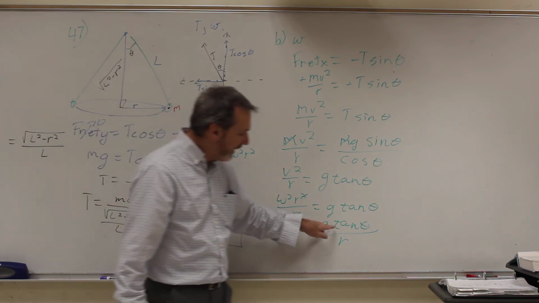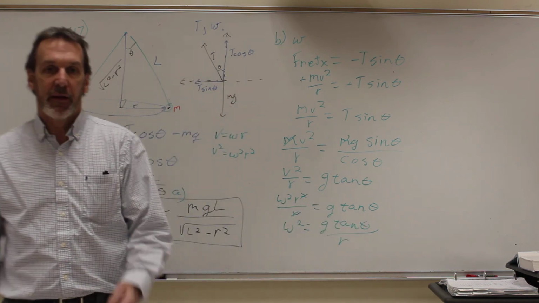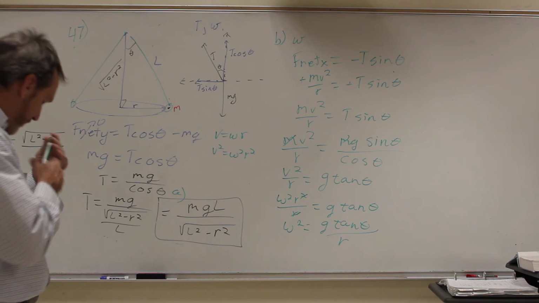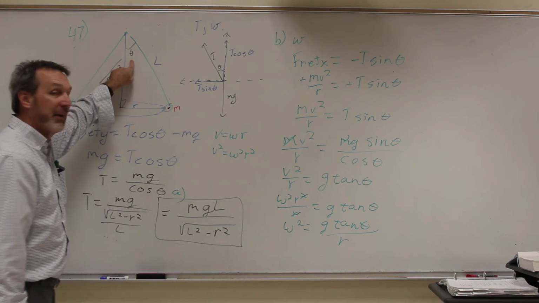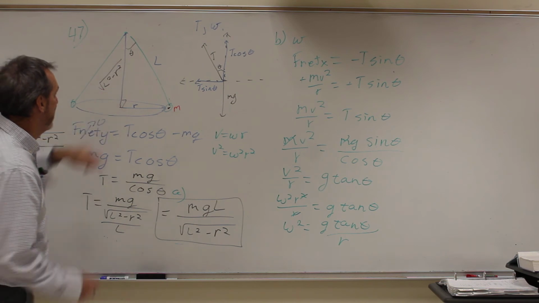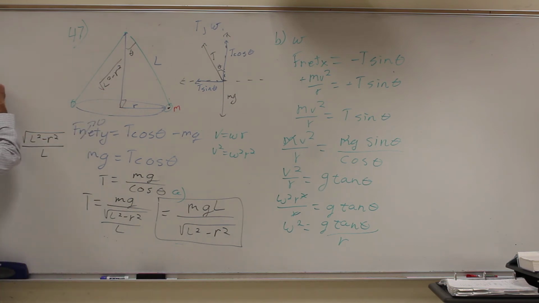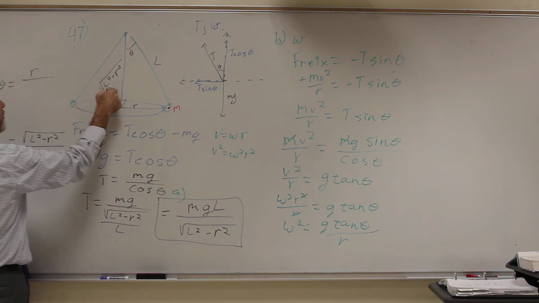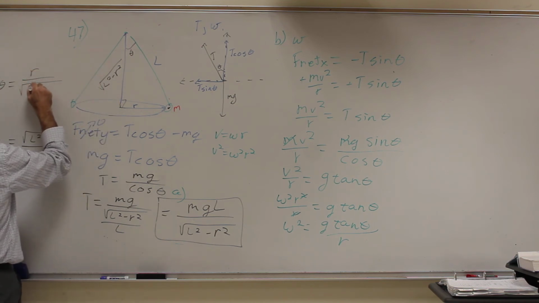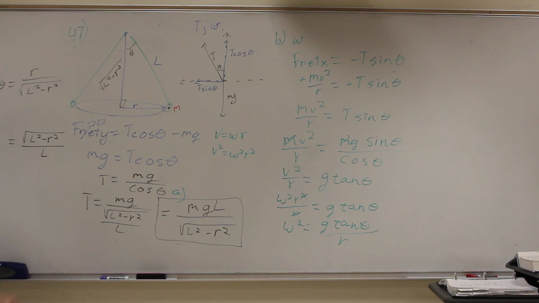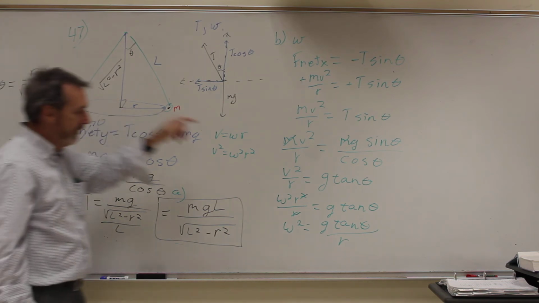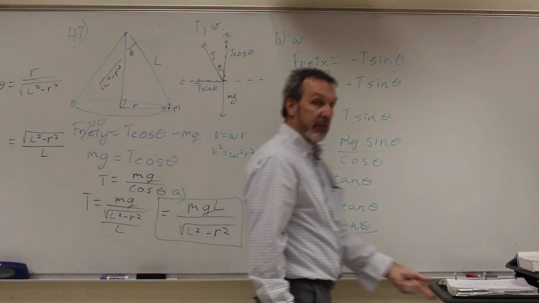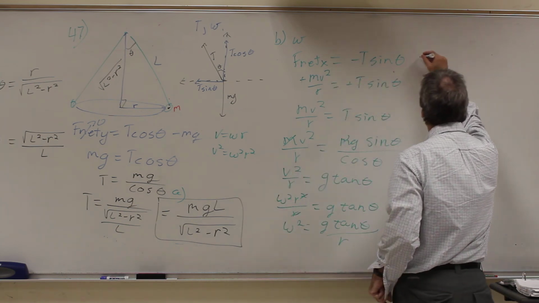But I can't leave it like that because I got a tangent theta, and I need it in terms of L's and R's. So I go back to here, I got my theta, I can just do tangent theta. So tangent theta is opposite, so opposite is r over adjacent, which is the square root of L squared minus r squared. I'm going to plug that in for here. All right, so hopefully you can still see it over here.